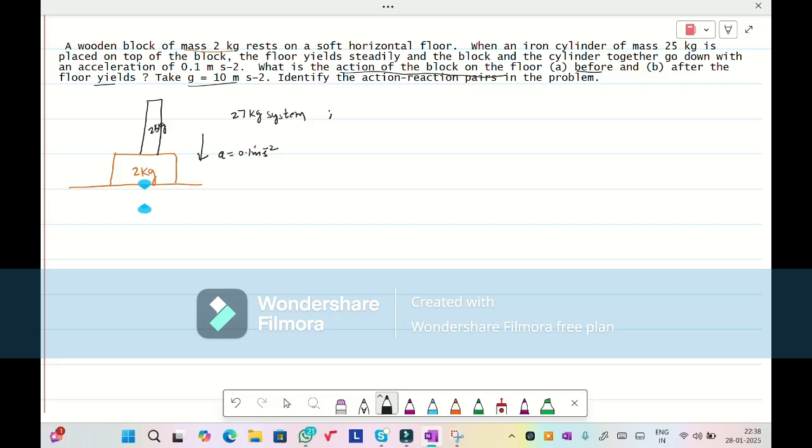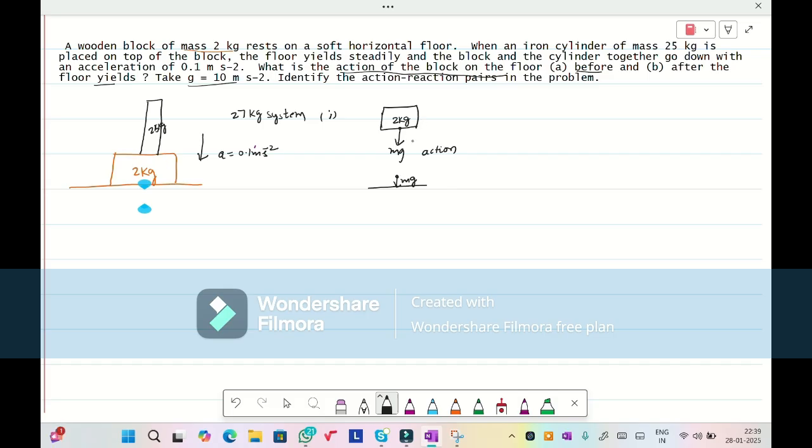So now here I'll go with the first 2 kg block, sorry, the 2 kg block. The gravitational force acting on the 2 kg block is action. Therefore, the gravitational force acting on the floor by the block.